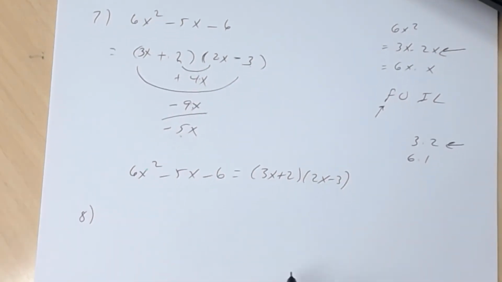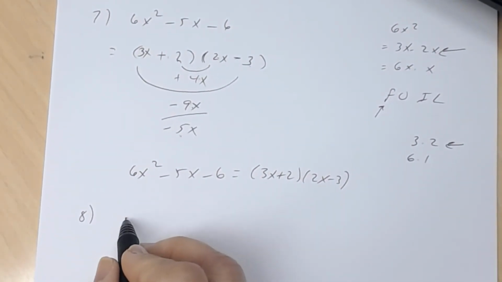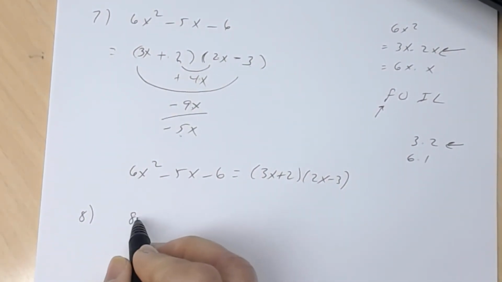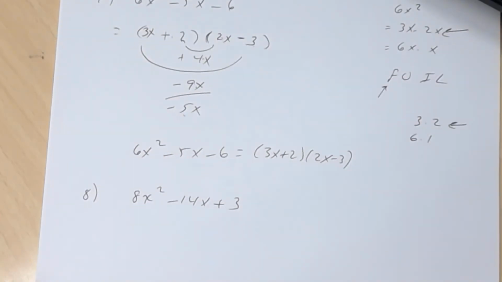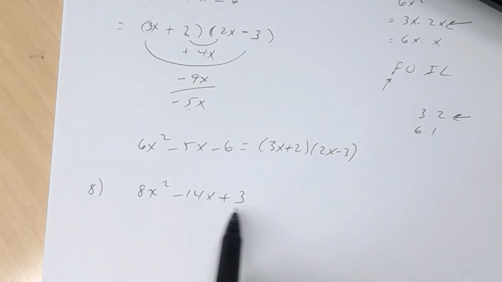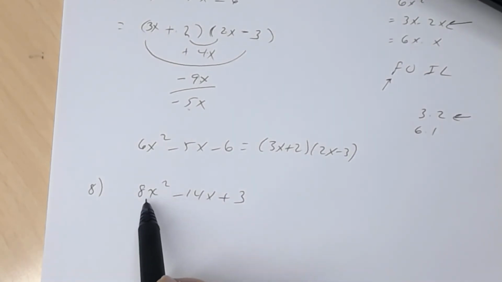Okay, number 8. Suppose we had 8x squared minus 14x plus 3. All right, so we have this quadratic trinomial. It's in descending order. This is the easy kind in a sense because the last sign's positive. Now the coefficient of x squared, though, is 8, which is not prime.